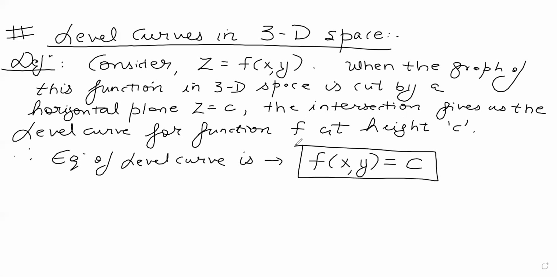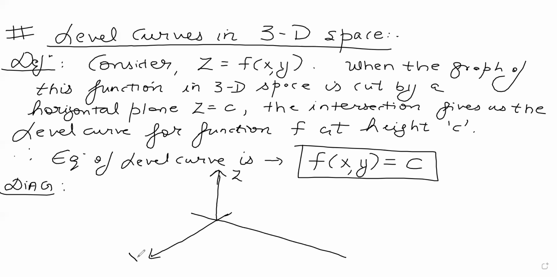Now let me help you to understand this visually. So if you look at the diagram, look at the 3-dimensional space. Now suppose I have this function f of x comma y which is floating in the space.